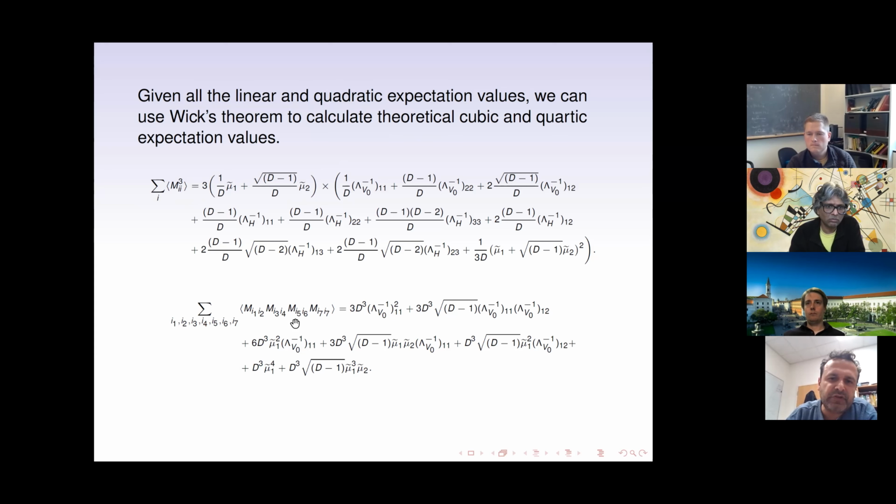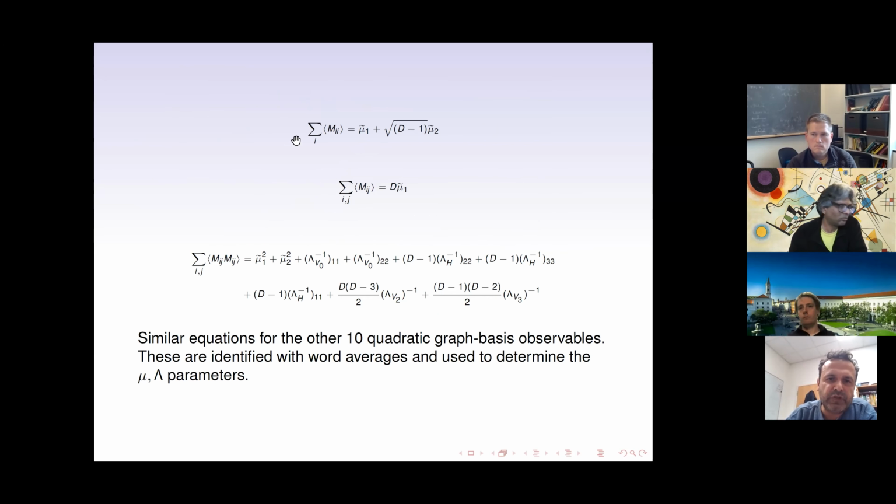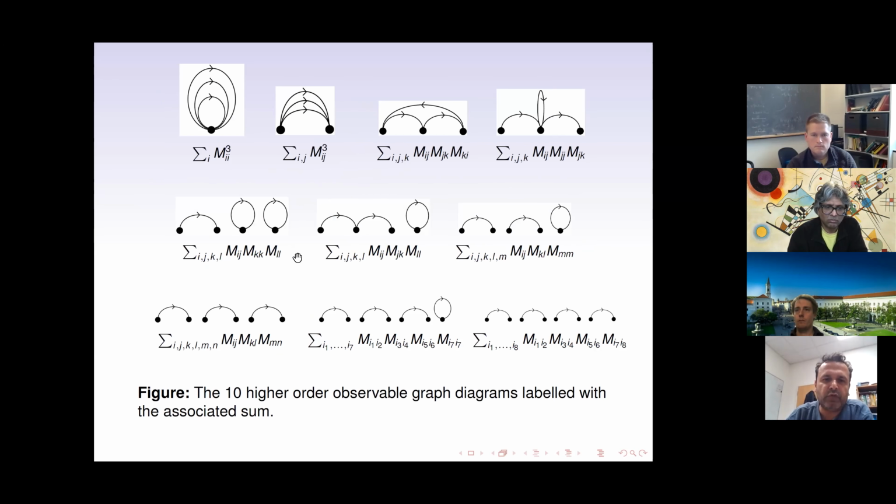And out of that, you can do what we did before, which is that you take the linear and quadratic expressions, you put in the data from experiment, determine the parameters, and then you feed the parameters into these theoretical expressions, and then you compare. So you get theoretical values for some cubic and quartic expressions.